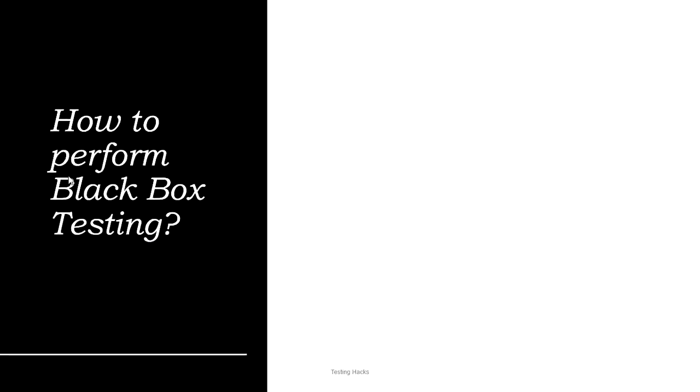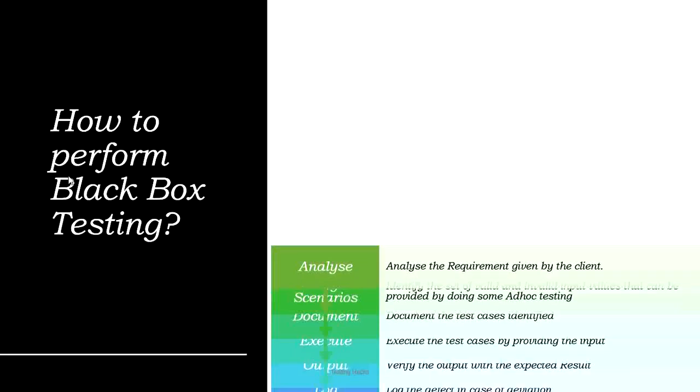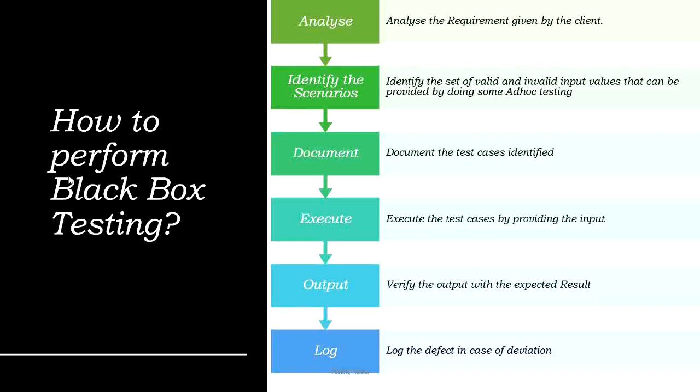And coming to how black box testing is performed, first we analyze the requirement and identify the scenarios. Next is documenting the test cases, executing the steps, then verifying the output against the expected behavior, and finally logging the defect.